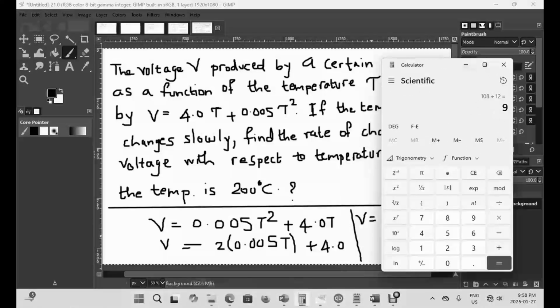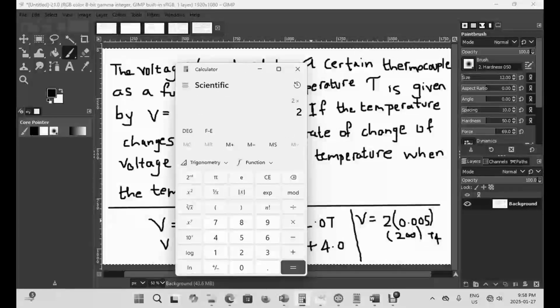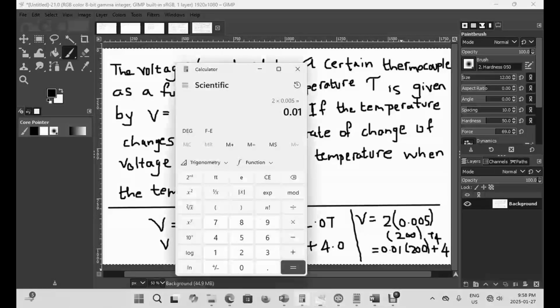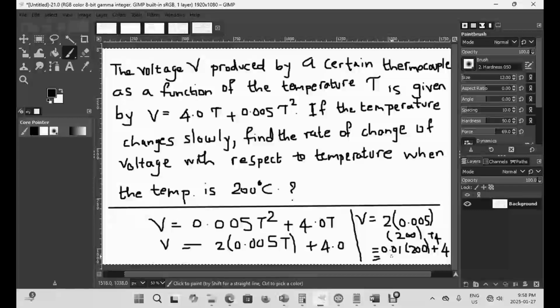Let's work through it. 2 times 0.005 is 0.01. So 200 times 0.01 is 2, and 2 plus 4 is 6. So 6 is your solution.